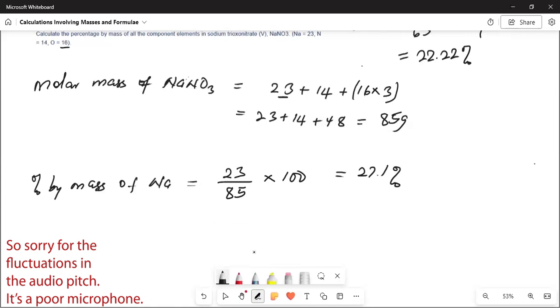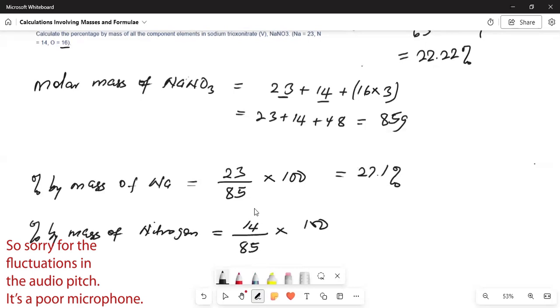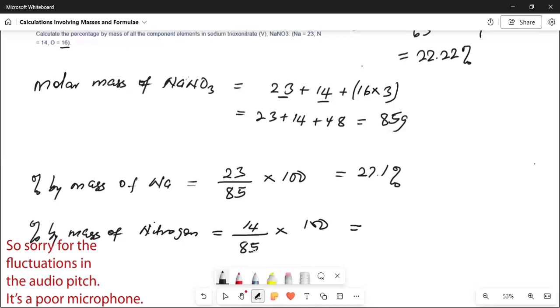We've done that of sodium. The next one is nitrogen. The percentage by mass of nitrogen is equal to, what is the mass of nitrogen? 14. That's 14 divided by 85 multiplied by 100. 14 divided by 85 is 0.165, and times 100, that's 16.5 approximately.